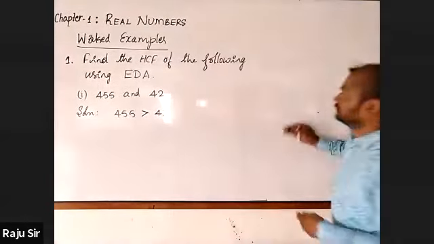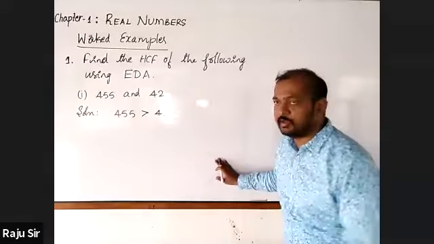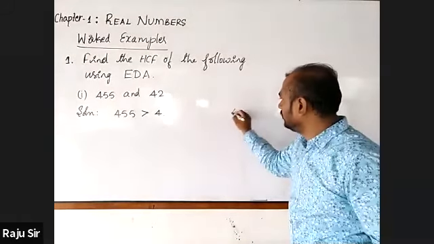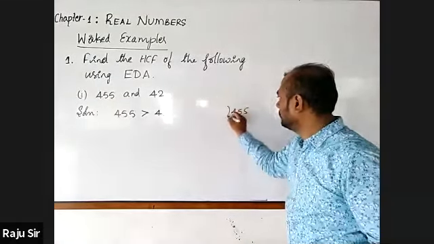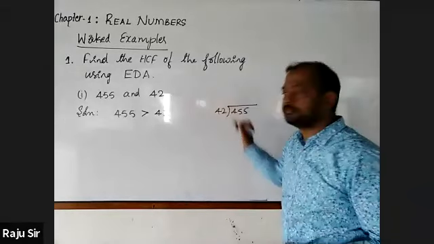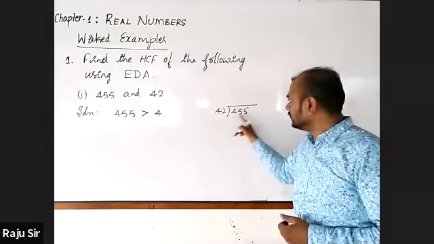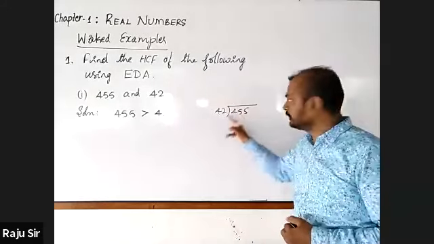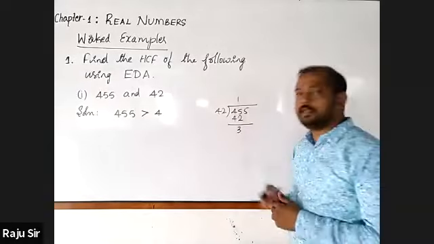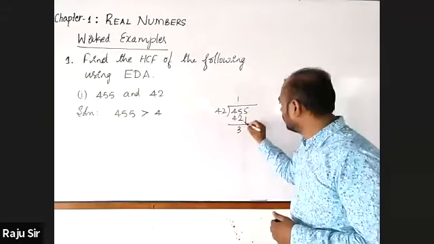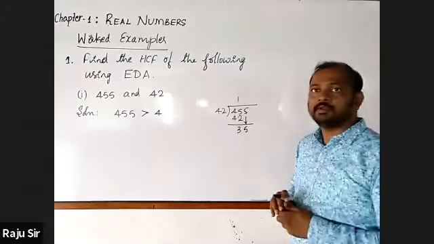Hence, in the working column, I'll divide 455 by 42. Here, I cannot take just one digit, hence I'll take two digits, 45. Now, 42 ones are 42. Then 3 will remain. Now carry down 5, it is 35.